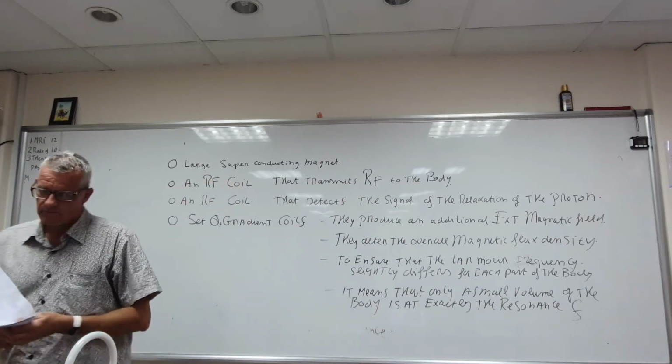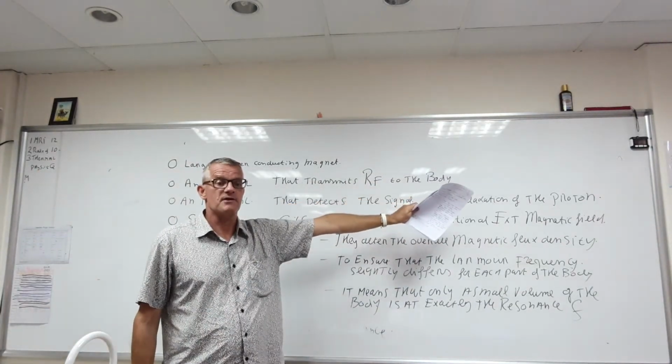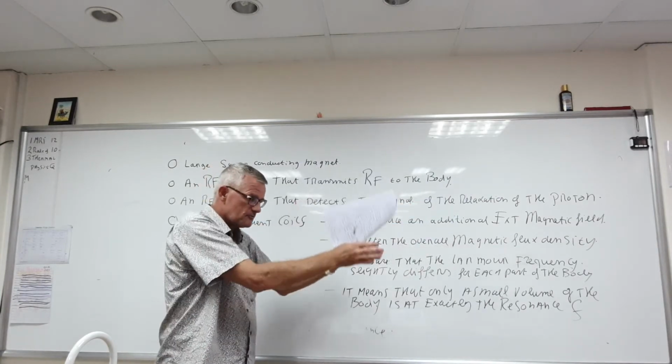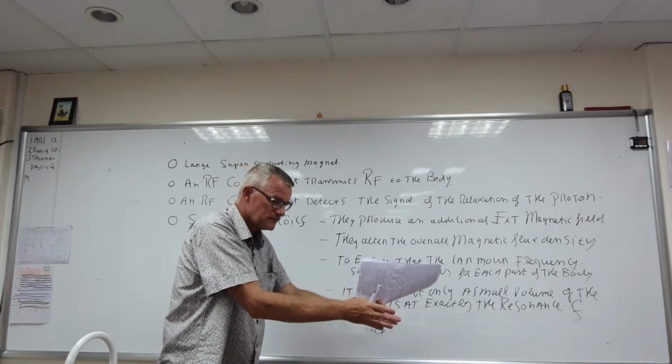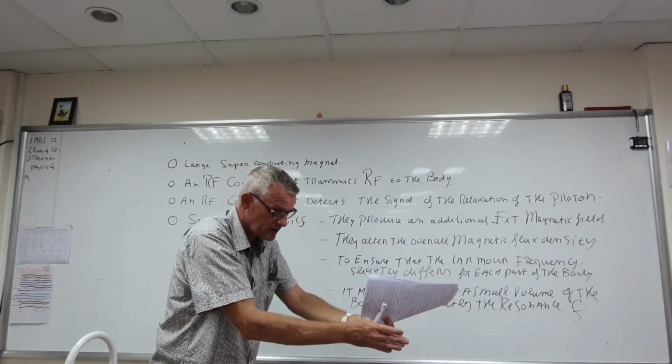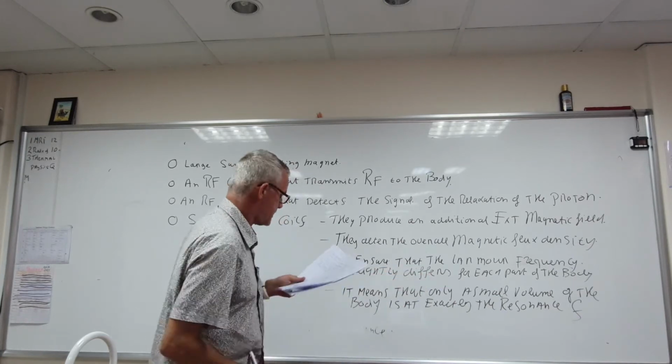Because you don't want to have the other parts with the same resonance frequency, only that part. And then you move on, that part, exactly the resonance one. Then the next part, resonance frequency. That's how they scan through the body, okay?